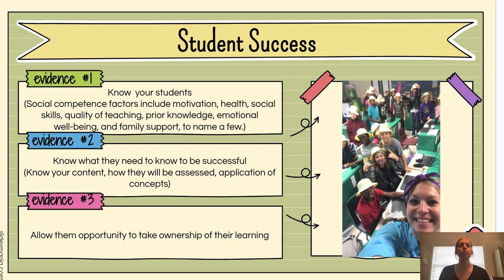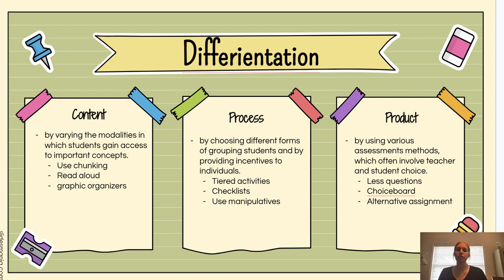All right, now we are looking at differentiation. First, content. That might be changing it up and chunking it, or having a read aloud for some students while the rest of the class does not. Some students who perform below grade level or have a 504 or IEP due to medical reasons might need more differentiation.